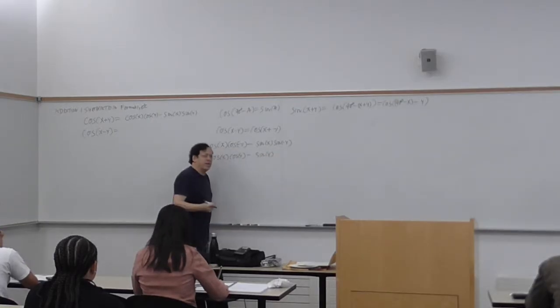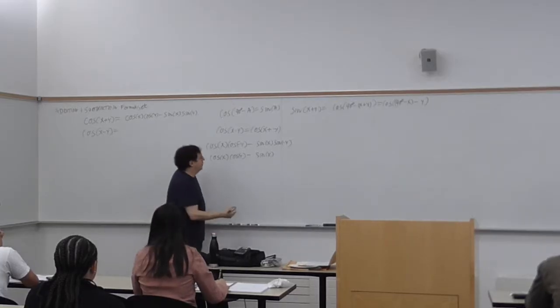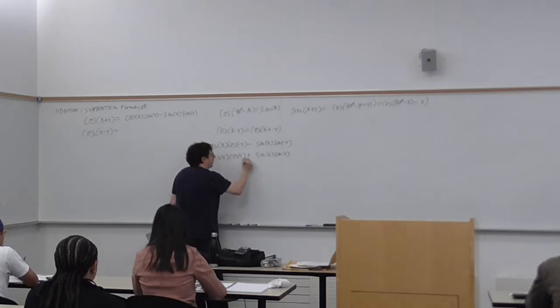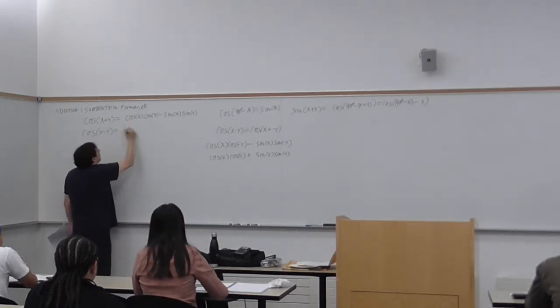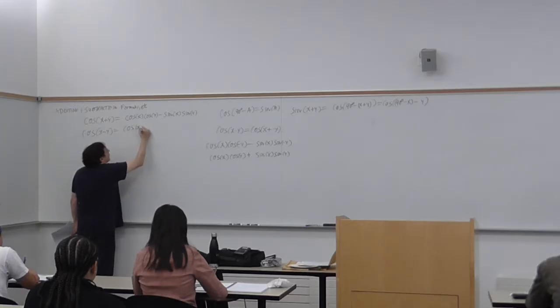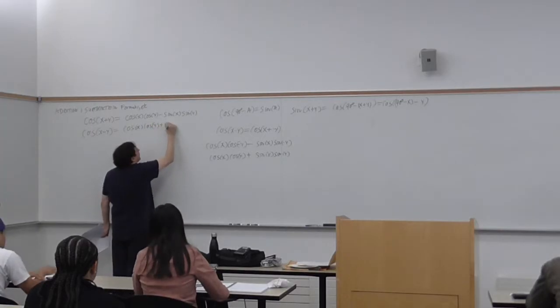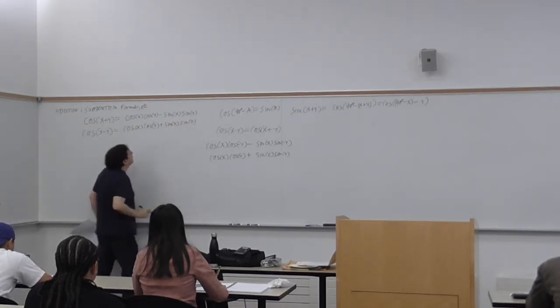Sine of minus y is minus the sine of y, because it's an odd function. So sine of y, but there's a minus 1 here, so I get a plus. This is cosine of x, cosine of y, plus the sine of x, sine of y.